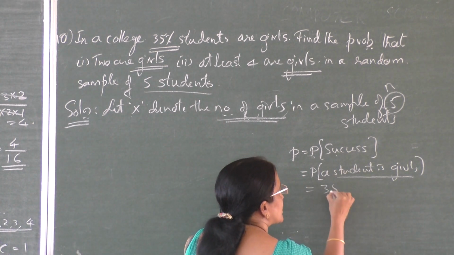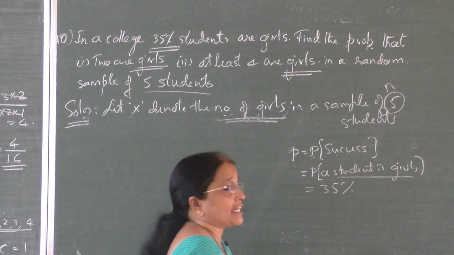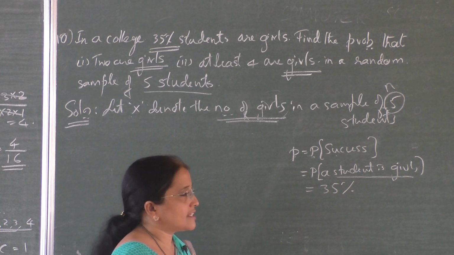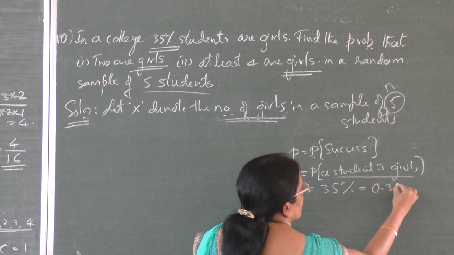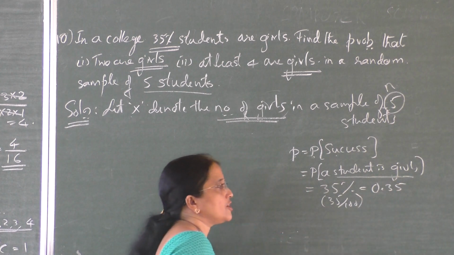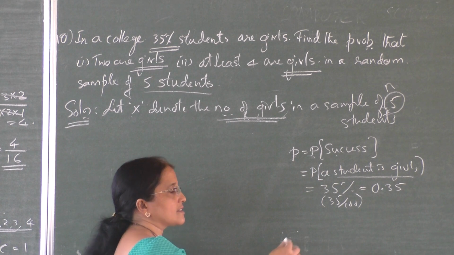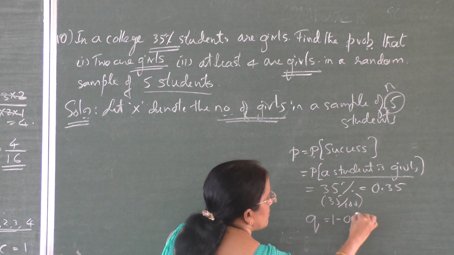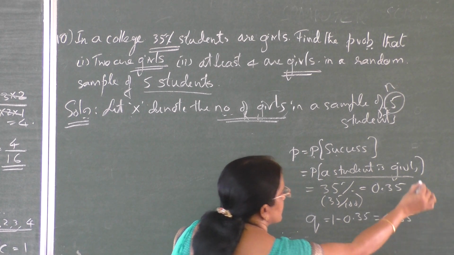So, it is actually 35%. But probability we can't write directly as a percentage, we must write it as a proportion. So P equal to 0.35 because it is 35 out of 100, right? So P, the probability of success, is 0.35 and hence Q equal to 1 minus 0.35, which is equal to 0.65.